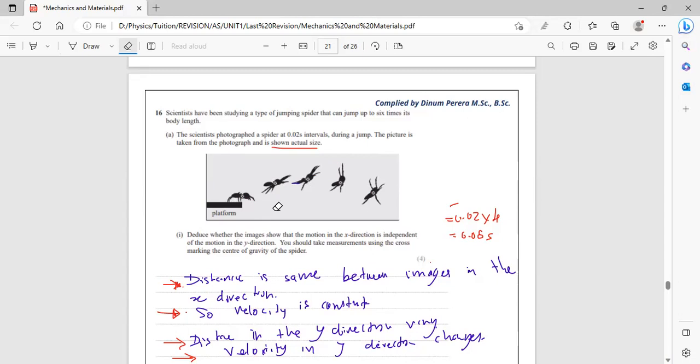So the distance is the same between images in the x direction. The time between two images is the same, that's 0.02. If the distance is the same during a given time interval, velocity will be the same as well.